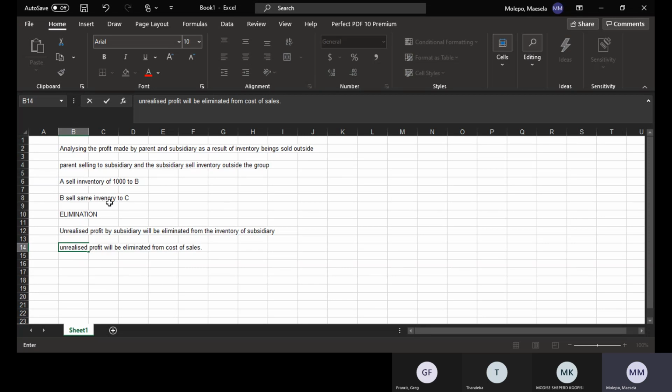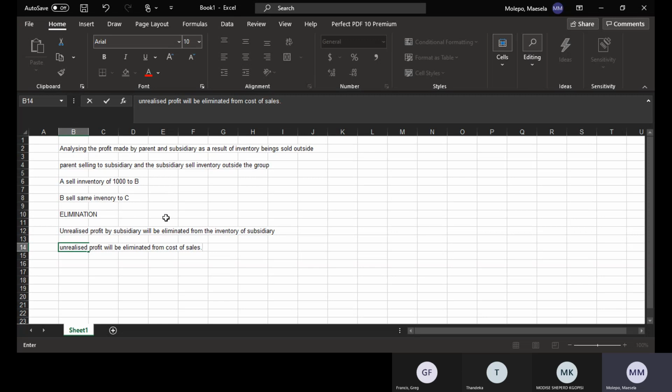Because remember, parent was the one who sold inventory to B, and then B decided to sell it to C. So if it happened that they sold maybe 50%, the 50% which was not sold, the profit from that 50% inventory is the one that needs to be eliminated from our consolidation.